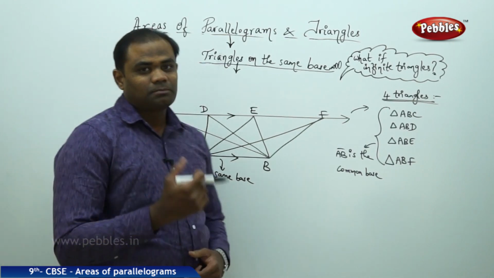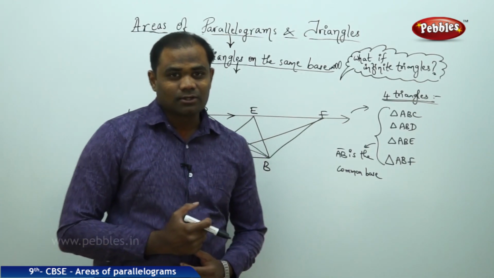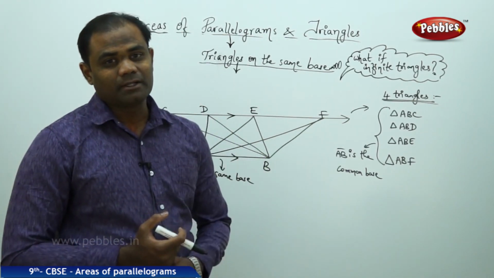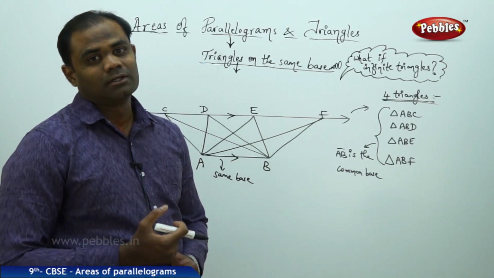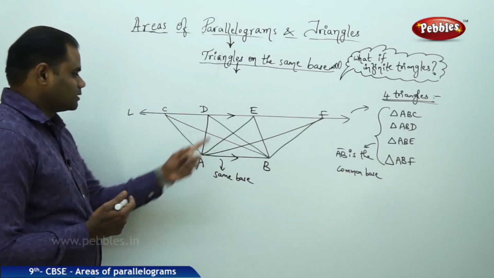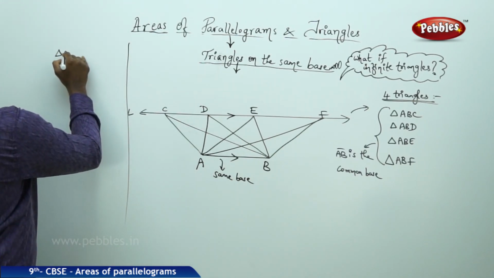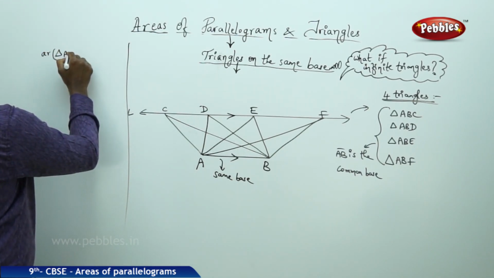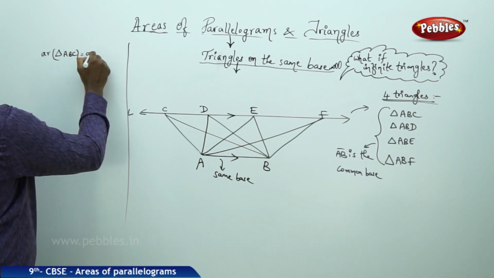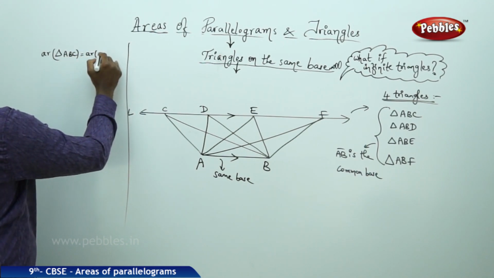So according to the property, 2 triangles on the same base and between the same parallels are equal in area. So when I take the first 2 triangles, the area of triangle ABC must be equal to the area of triangle ABD.